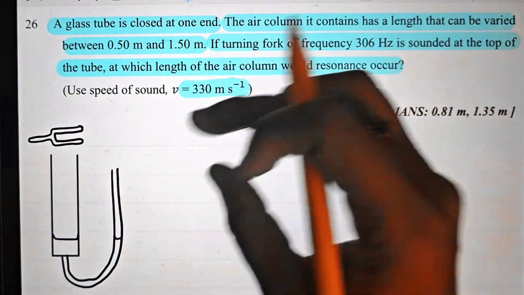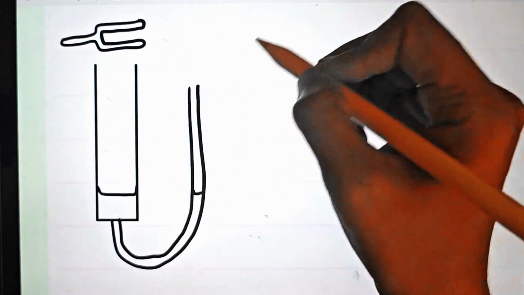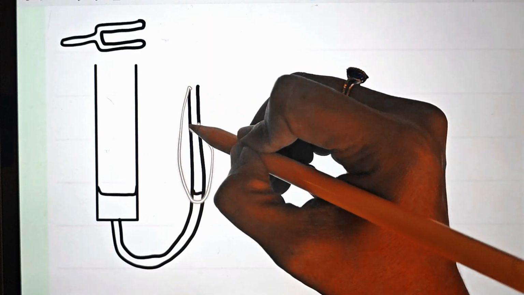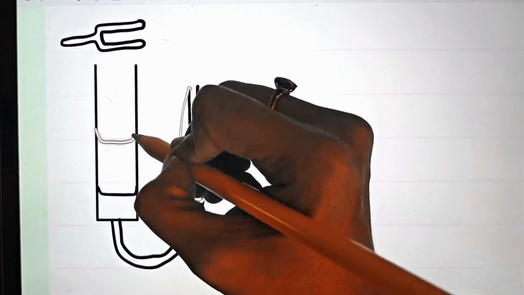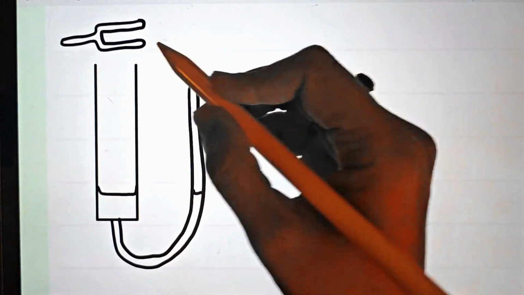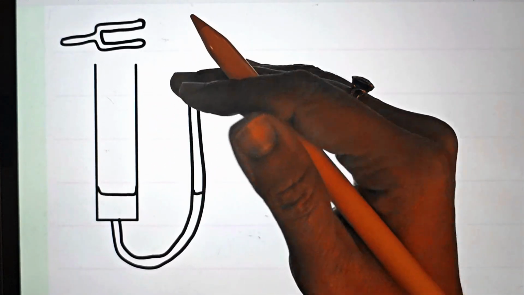The situation is basically like this. When you move this pipe, the water inside here will start to rise, and then you will hear which position has a louder sound.